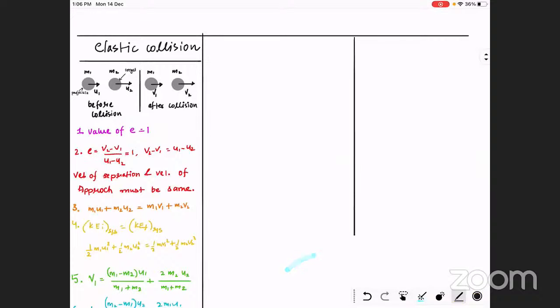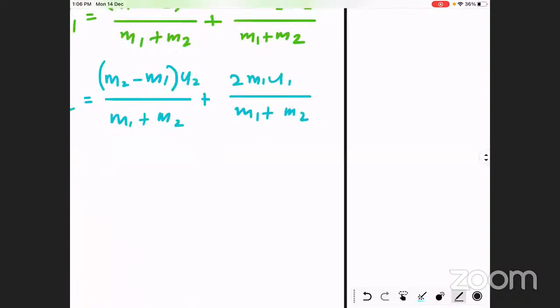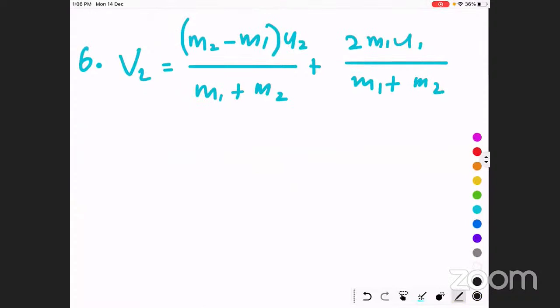Yes, sir. Okay, so can you tell me, Chinmay, last year I also told you this formula, kinetic energy transferred from projectile to target. Can you tell me the value of this? See, point number 7.